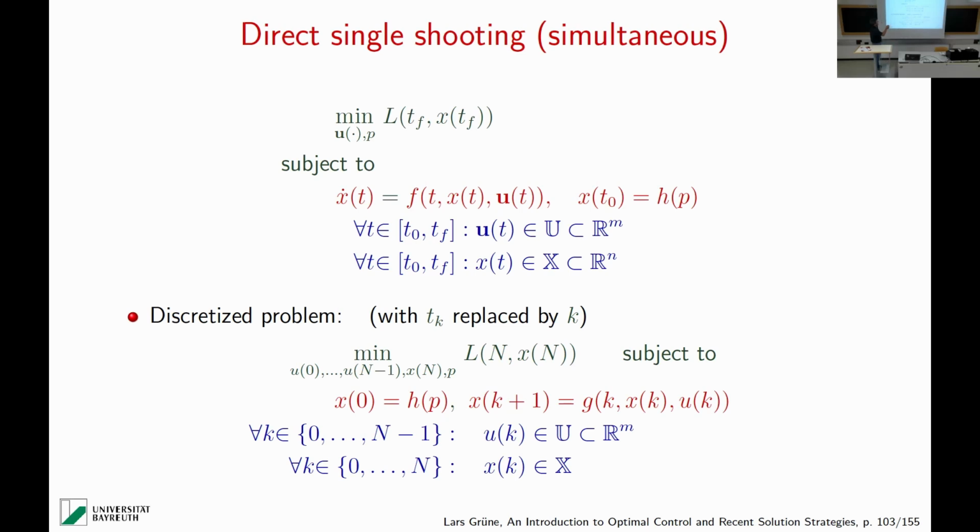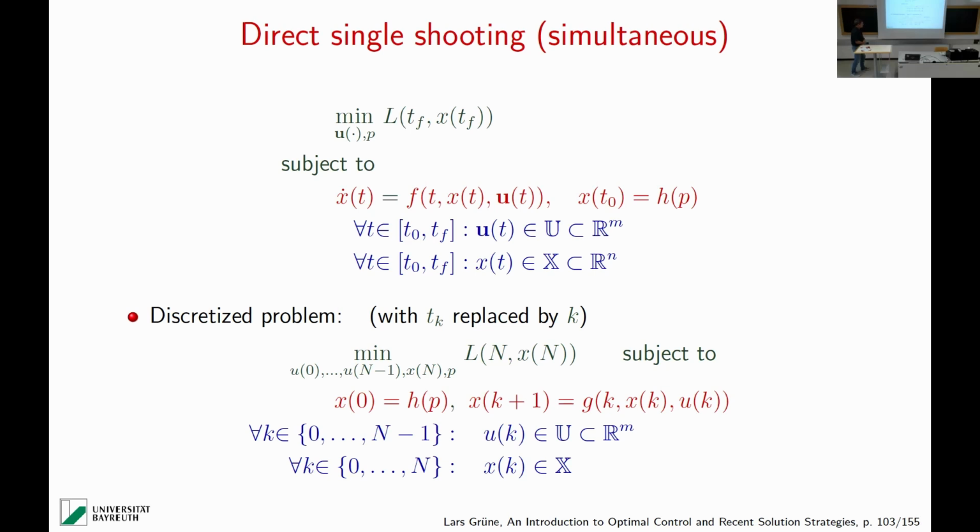We know that we can always convert the Lagrange term into a Meyer term, so this is without loss of generality. And then what we do is we replace the differential equation by this difference equation, and we replace the constraints by constraints that are now only active at these discrete time points, right? And capital N is the number of the discrete time points that we have.